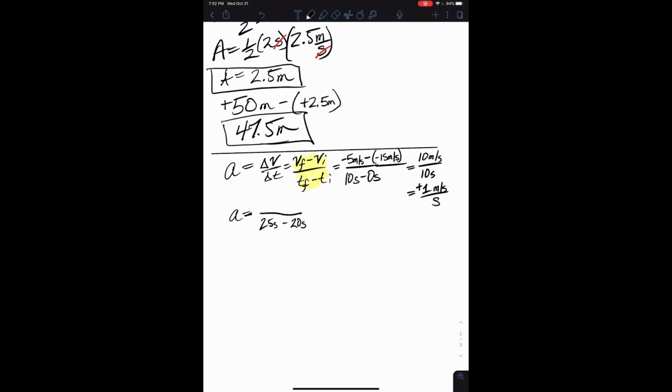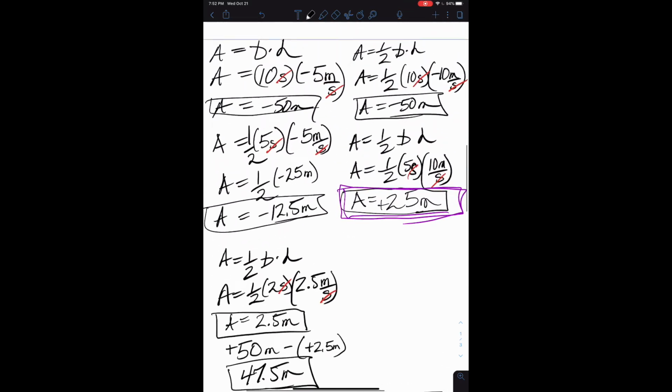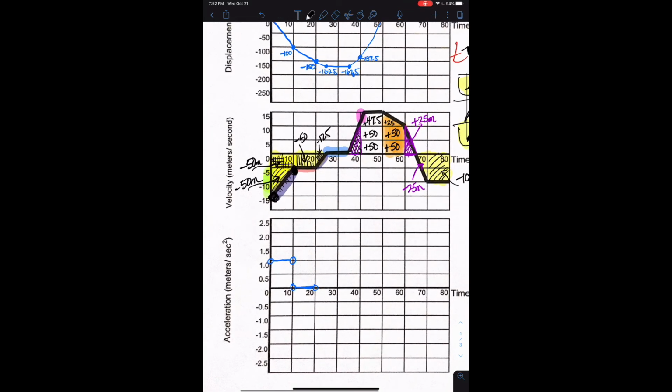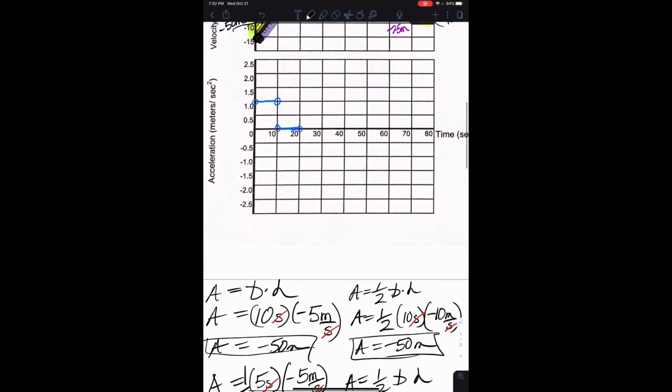So let's go ahead and then what about for the final velocity at 25 seconds? Well, it looks like at 25 seconds, our final velocity is actually going to be 0, right? Does everybody see that? And then at 20 seconds, our initial velocity is -5. So we're saying 0 minus -5.